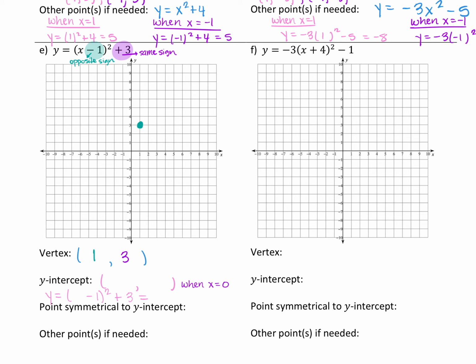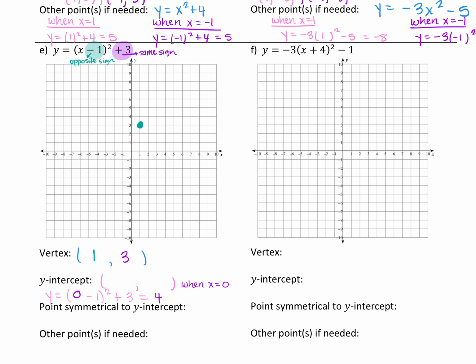And then the y-intercept, remember that's when x equals 0, and we're plugging it into our given equation. So I left a blank for where our x is, and then we're subtracting 1, and we're squaring that, and then adding 3. So plug 0 in for x, and that ends up giving us 4.